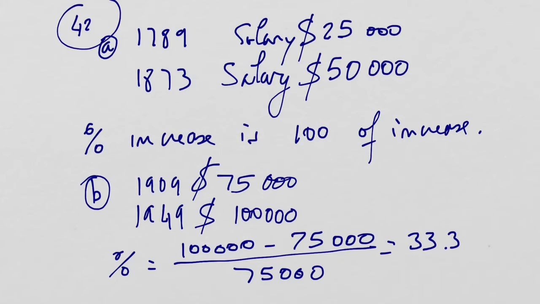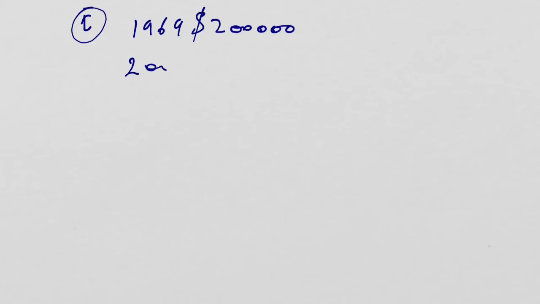For question C, it's to determine the increase in salary from 1969, when the salary was $200,000, to 2001, when the salary was $400,000.